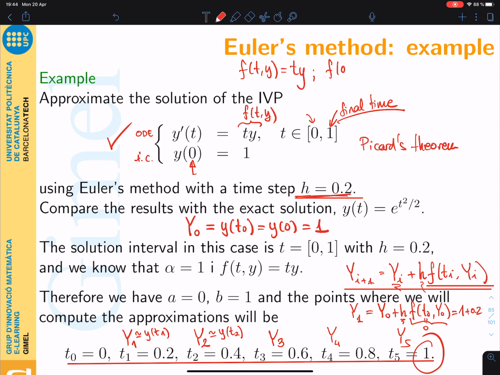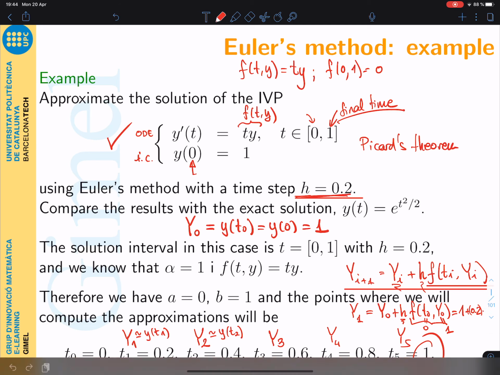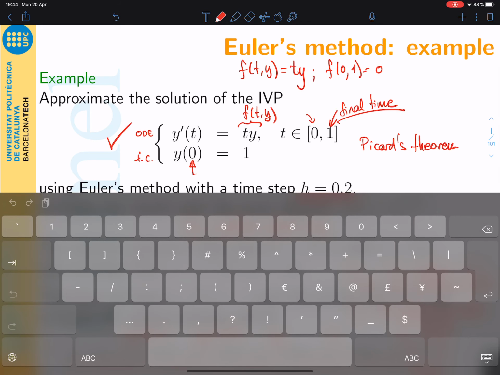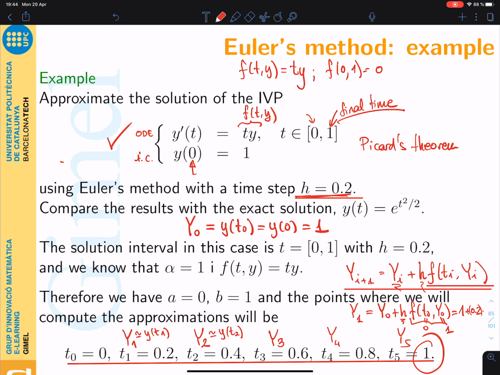So f of 0, 1, which is the value of y0, is 1. The result is the product of both, so the result is 0. So 0.2 times 0 means that this term is not there. So the result is 1. Okay? And then we would proceed in the same manner to compute y2 and so on.